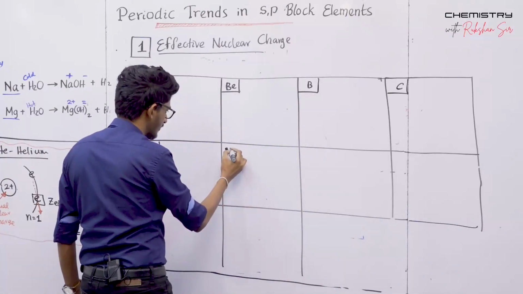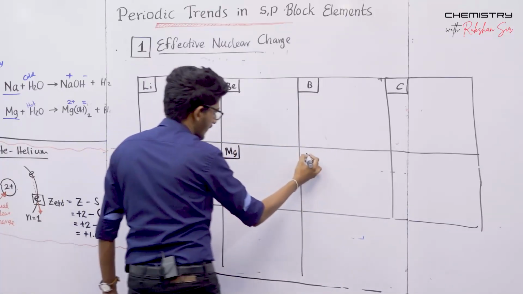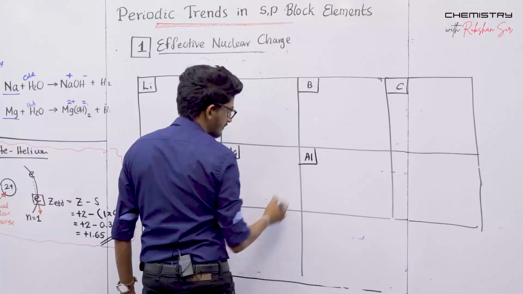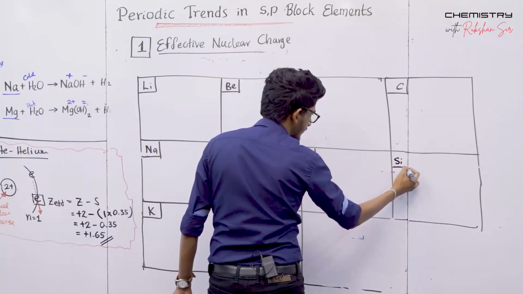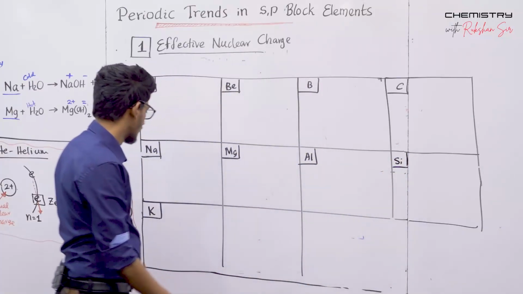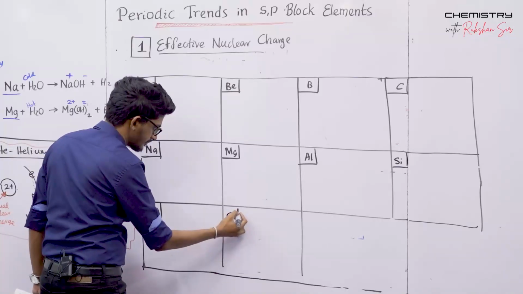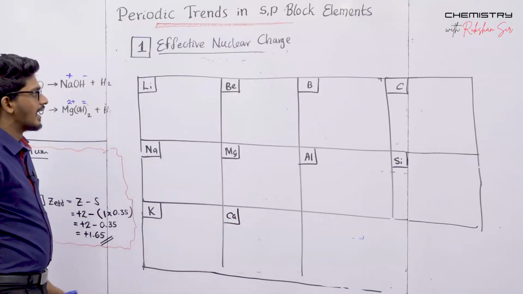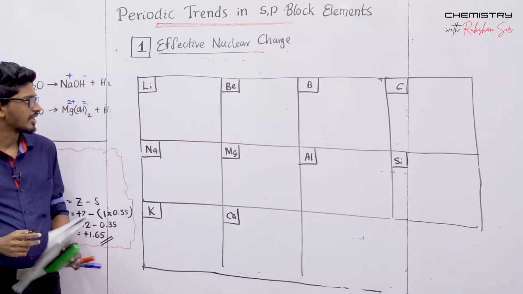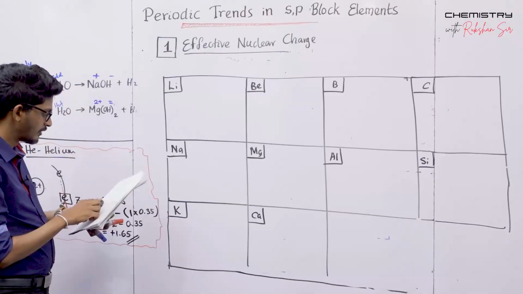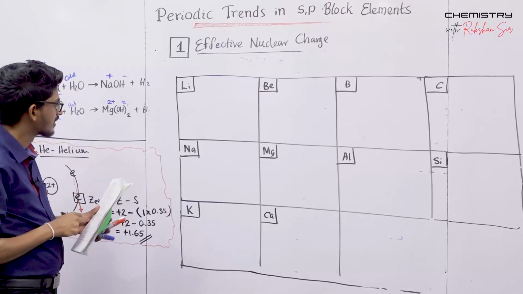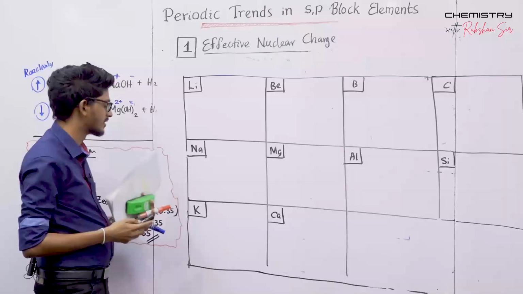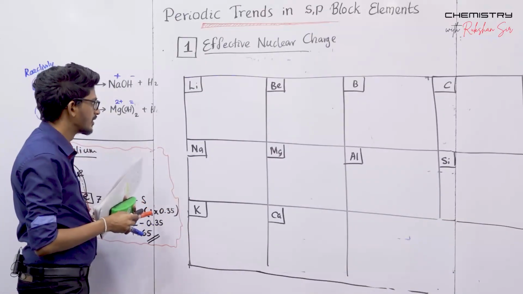Here also magnesium, aluminium, silicon, calcium. I'll calculate the effective nuclear charge of a few elements, and you can continue with me. I'll do the first 2-3 calculations. So it comes to lithium.